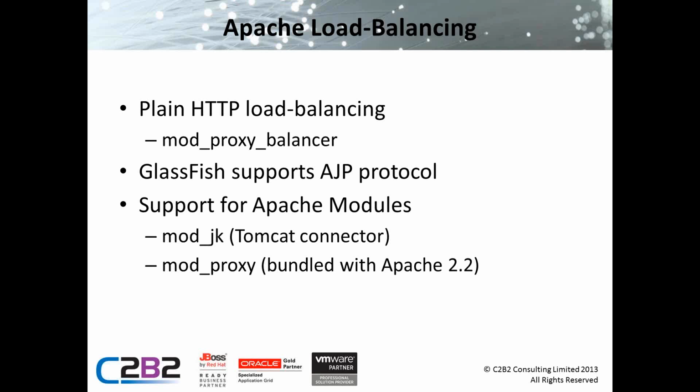So, for example, Tomcat standalone supports that, and the Apache module that is distributed by Tomcat can be installed into Apache, which is mod_jk, which is a pretty advanced and complex load balancing module, I would say.